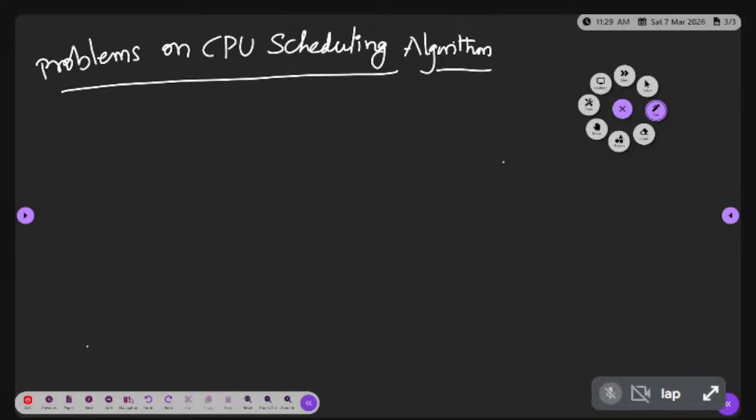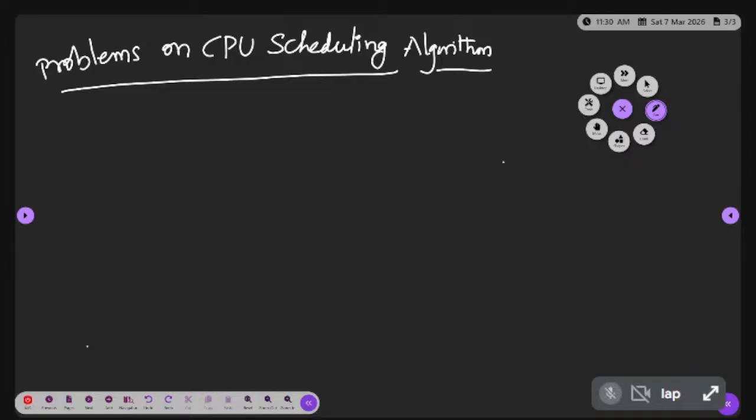Everybody note down this problem. CPU scheduling algorithm names you know already. Basically, CPU scheduling algorithms are categorized into two, preemptive and non-preemptive, right? The basic CPU scheduling algorithms are FCFS, SJF, priority, and round robin. Among preemptive CPU scheduling algorithms, SJF with preemption is called SRTF, shortest remaining time first, and preemptive priority scheduling is also there. So now we'll do one problem.